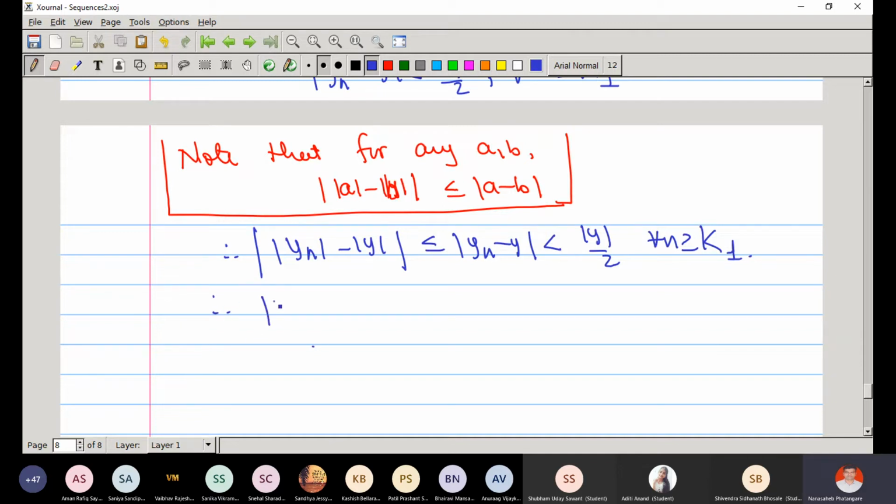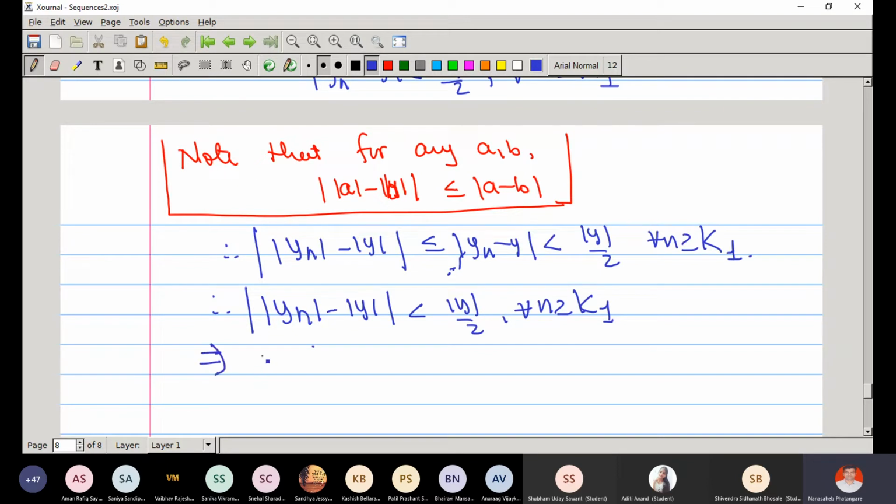Fine. Therefore, this absolute value is less than, for all n greater equal K1. Fine.